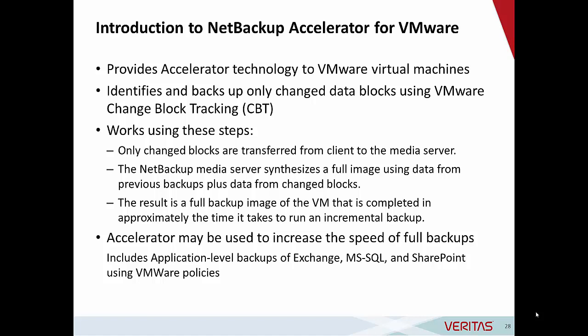In file systems, we use a track log on the client to track changes to the client, and Accelerator compares the current state of the file system to the track log. In the case of VMware, we're going to make use of VMware's change block tracking feature to quickly identify changes to the virtual machine, and then compare that to a state file that's maintained on the NetBackup master server.